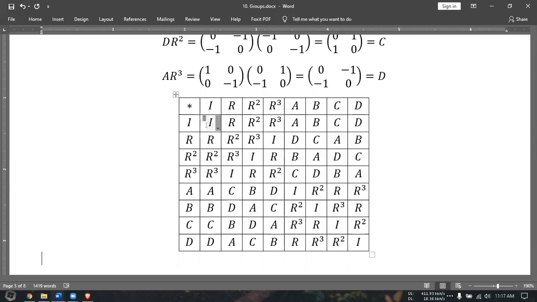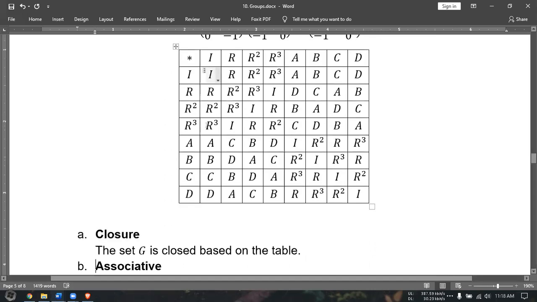Okay. So test natin if the set G with respect to multiplication is a group or not. First, the closure property. Set G is closed based on the table.